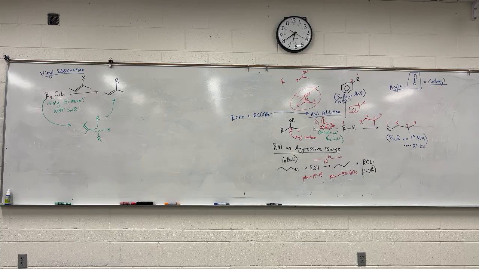Do you guys find it? Radical halogenation. You place a bromine right onto the carbon chain, but it goes somewhere specific. The most substituted carbon. The reagents, Br2.